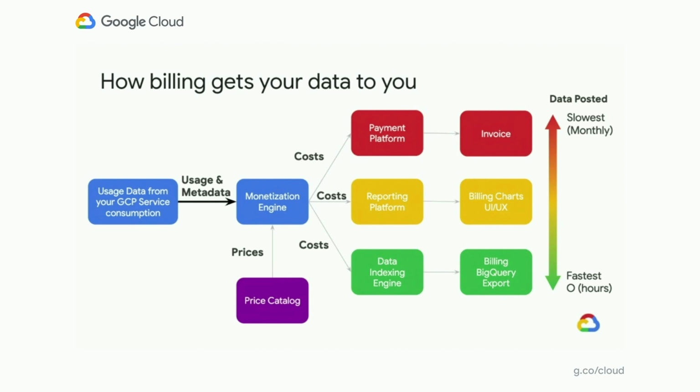That information then takes multiple paths. For one, we have a path to payments to prepare invoices, and then we also have two paths to our reporting engine for usage of the UI, and the indexing engine to make sure that we display and export respectively. Now, note that for what matters to you, the export updates more frequently.